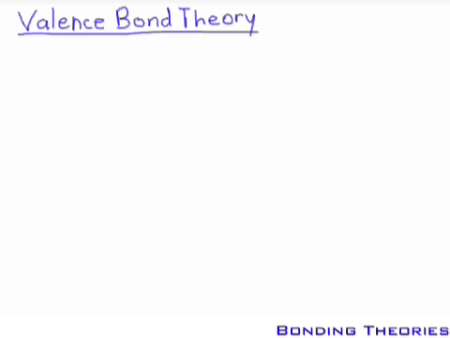The second theory that is derived from Schrodinger's work and Schrodinger's approximations is molecular orbital theory.